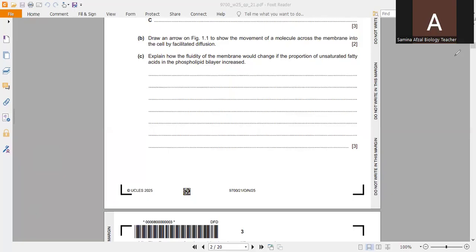How? Because unsaturated fatty acids contain carbon to carbon double bonds. These double bonds create kinks or bends in the hydrocarbon tails. These kinks prevent the phospholipid molecules from packing closely together. So this increases the distance between the molecules, reducing the intermolecular forces.